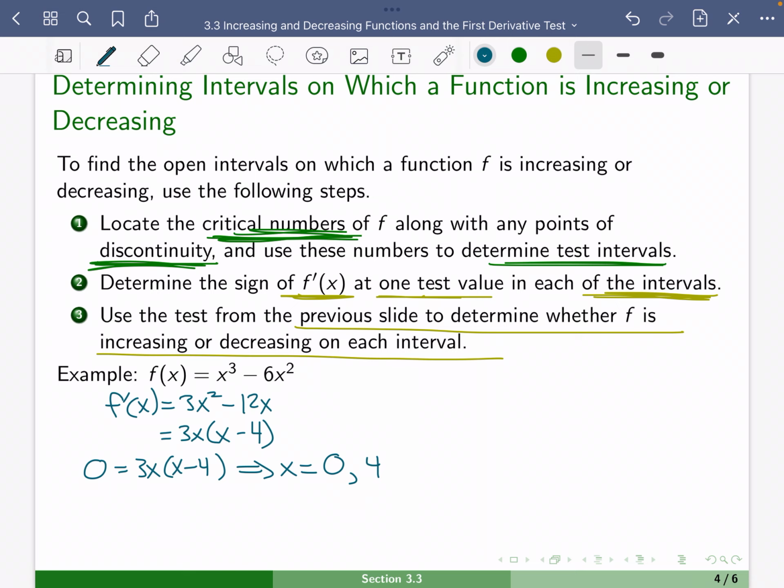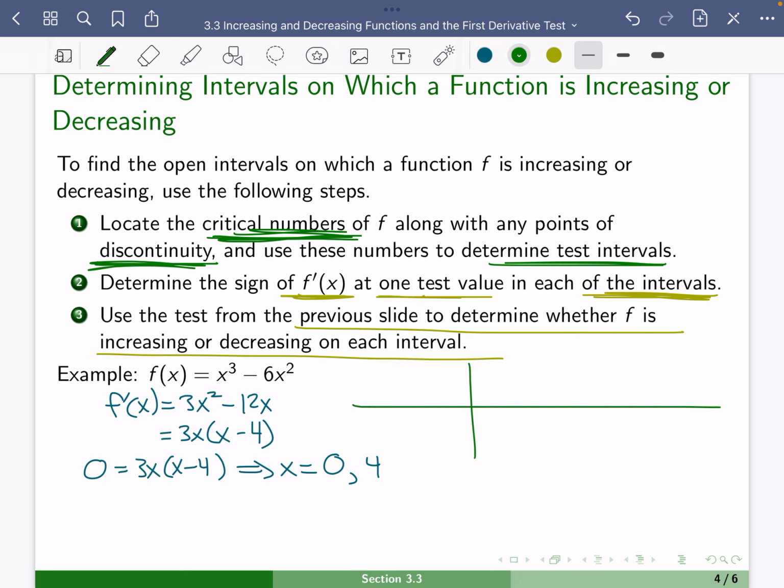We also need to identify any points of discontinuity. This original function was a polynomial, so it is continuous everywhere. There are no points of discontinuity. And then we are going to determine the signs in each of the intervals. Now, what are the intervals that this defines?